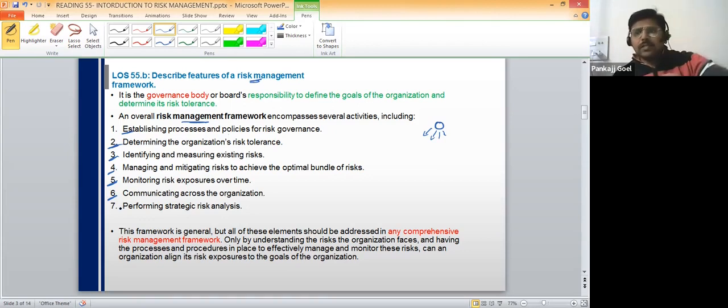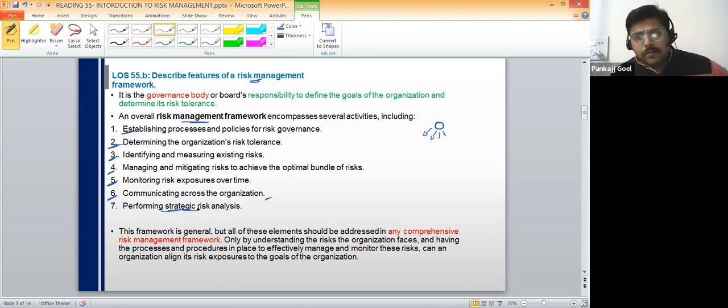For example, if we talk about the finance department, management will decide, okay, more and more funds should be from equity, not from debt, because if we take more and more debt, it means the firm is at more risk, and the overall level of the risk of the organization is this much, so we should use more equity, not debt. So the top management communicates it across the organization.